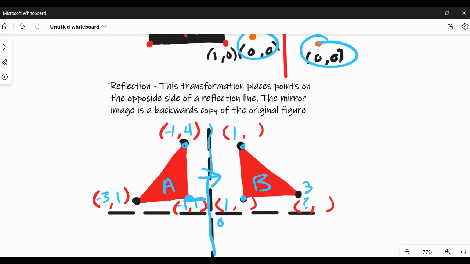If I reflected it across the y-axis, did I go up or down? I didn't. All right. So your y values would remain the same, right? So you would have new points of 1, 4, 1, 1, and 3, 1 to have a true reflection of figure A onto the image of figure B.